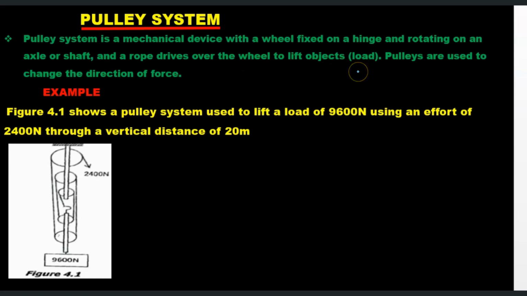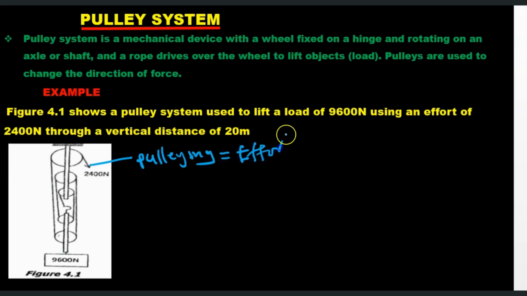Normally on a simple machine, you also need to take note of what you are lifting. You are pulling, and of course you are lifting something. Where you are pulling, that is the effort you are applying. In a simple machine like this one, which is showing an example, where you are going to pull is this side. So this side is called effort.